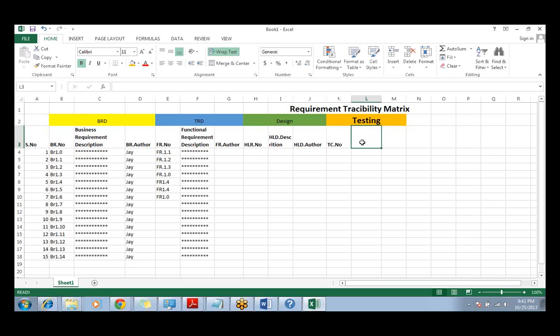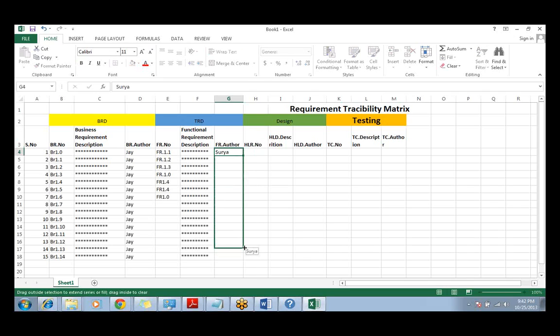number, test case description, then you will have test case author. Now, let's fill out some of the details. You have the author, let's put Surya.